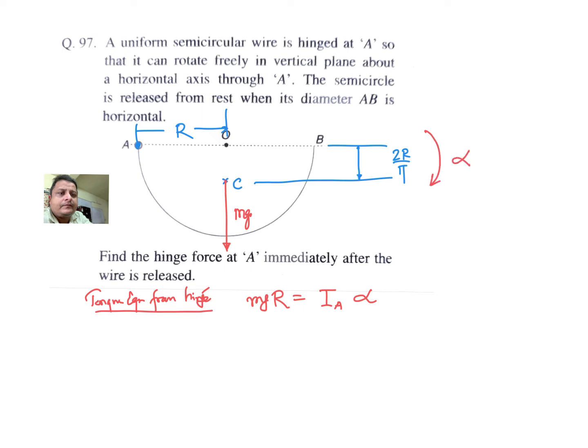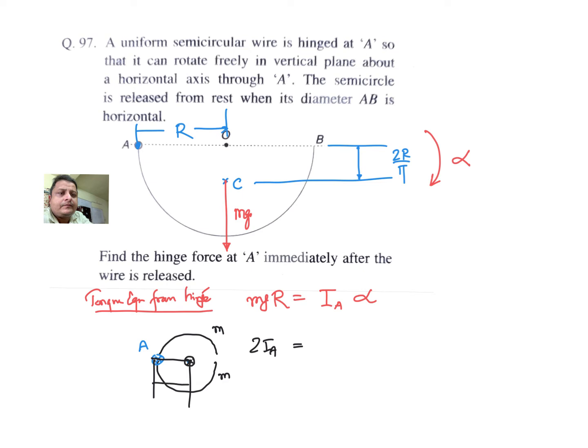So what is I about A? Let's suppose with this half ring you include one more half ring, so that the total mass becomes 2m, and about an axis through the end A, the moment of inertia, say for each half ring, is Ia. So this becomes twice Ia, and now we can apply the parallel axis theorem from the center to this point.